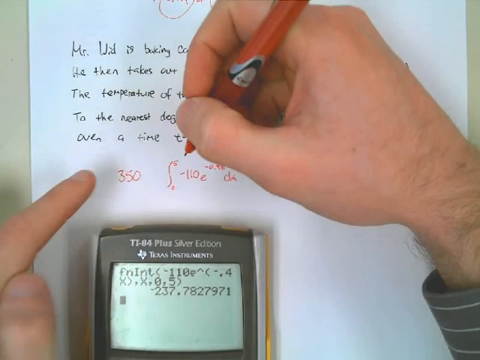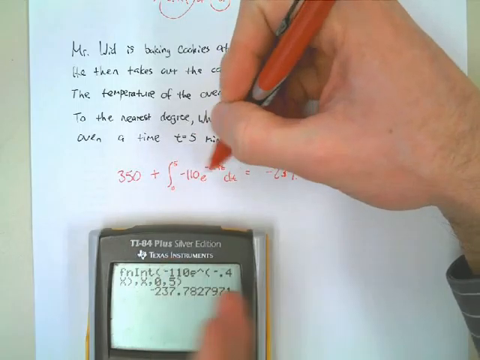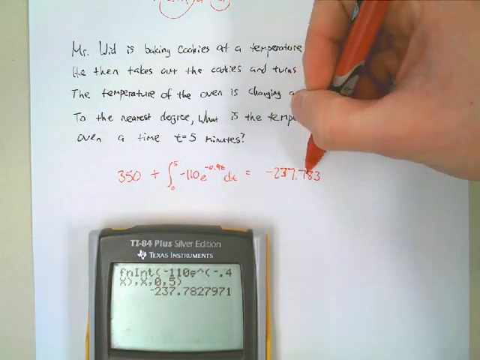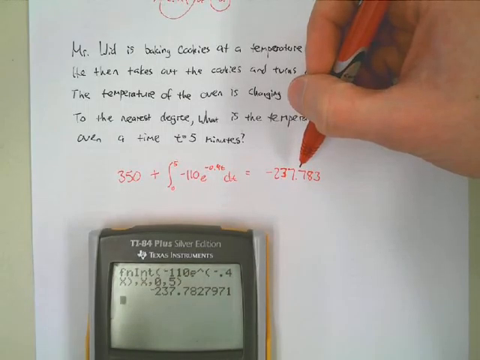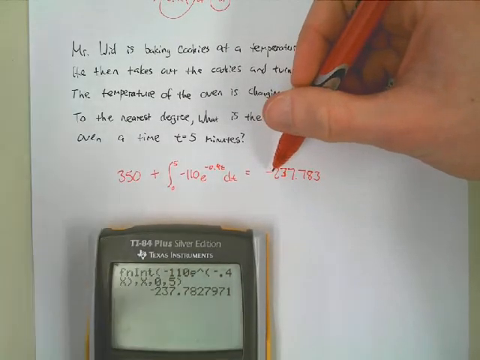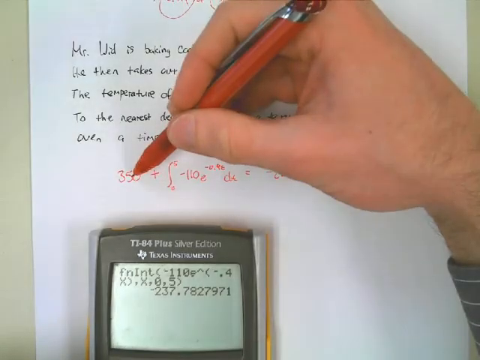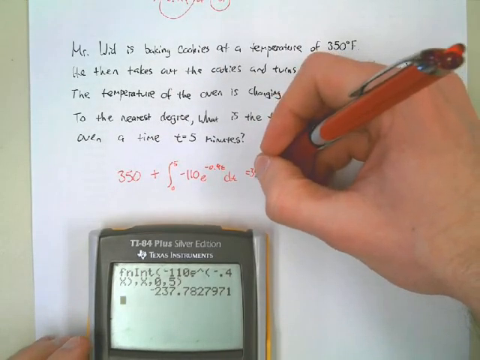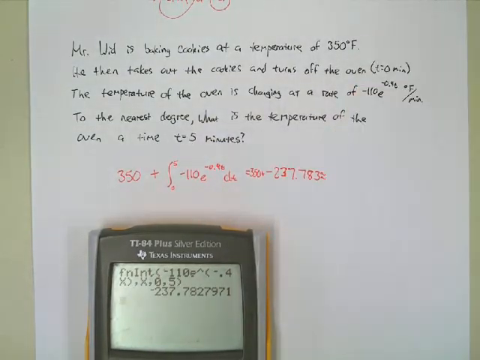Now this number should make sense, because what happens to the oven after you turn it off? It cools. It's 350 degrees, it cools down. This is the net change in the temperature from the original 350. So we're going to add 350 plus that negative 237.738, and we get approximately 112 degrees, because it said to the nearest degree Fahrenheit.